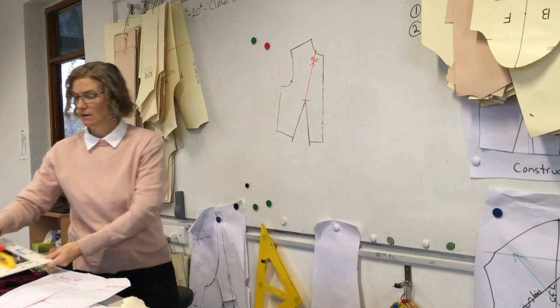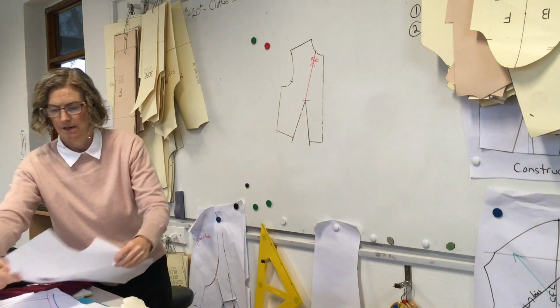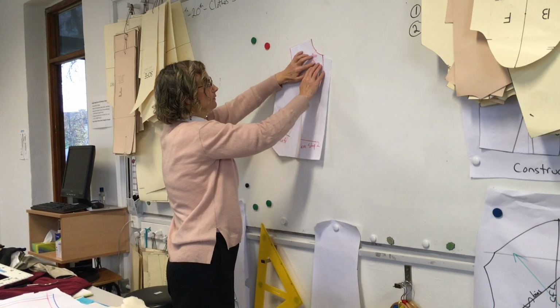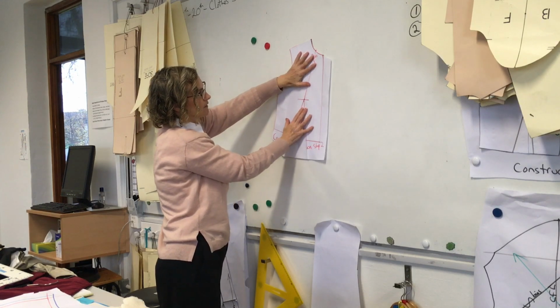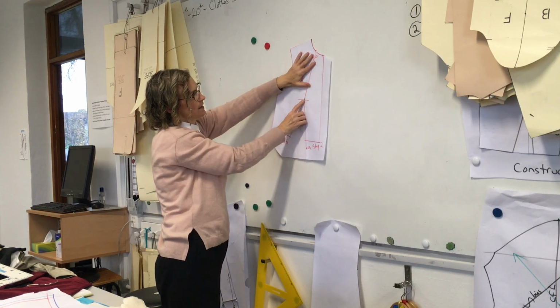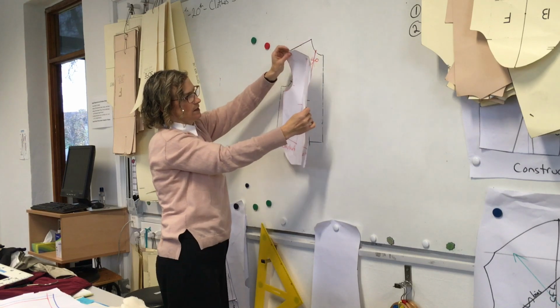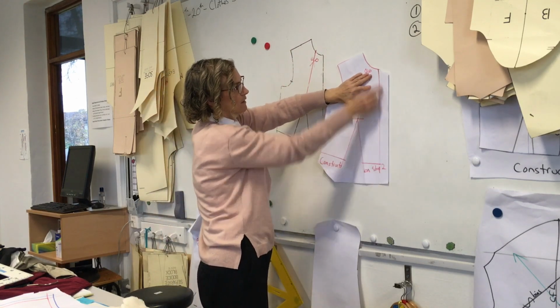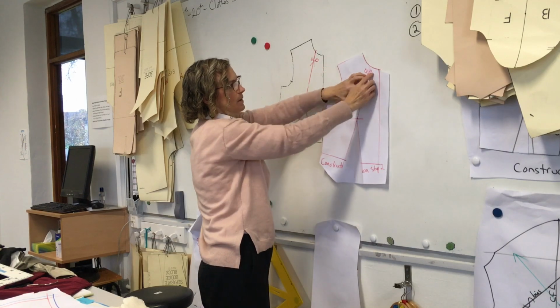So what I do then is I trace that off. I've already done that. So I trace that off into the neck position, and then I cut out this, which I didn't even cut out fully, but I cut all around it. And then I cut down my cutting line here.